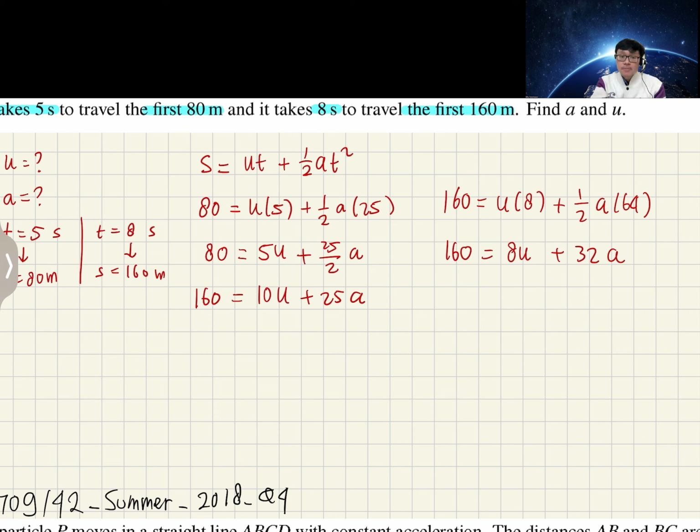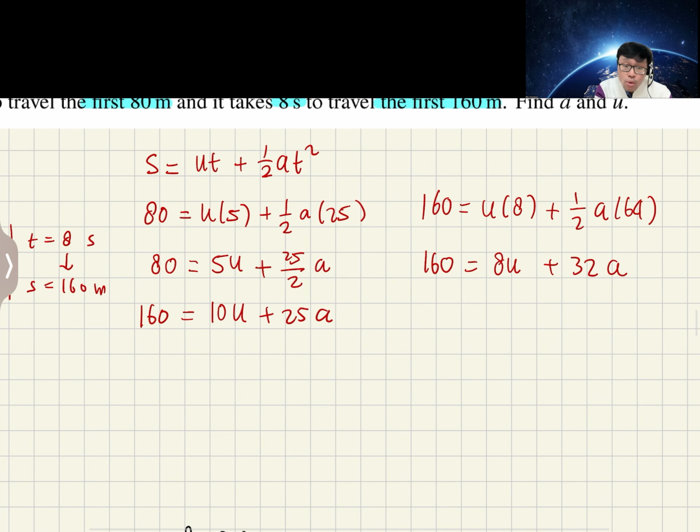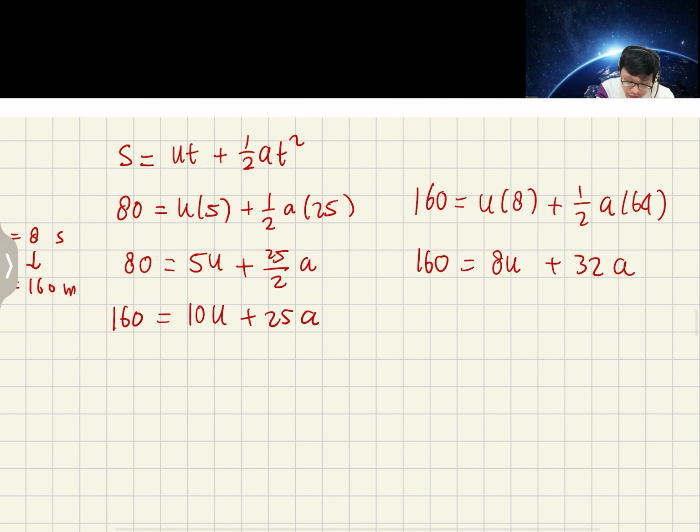Now, from here, we want to find U and A. So how do we find U and A? Maybe we can plug in one of the variables, use simultaneous equations. So here I can rearrange. Maybe I want to plug in A, or maybe U. So I got 10U equals 160 minus 25A. So U equals 16 minus 2.5A.